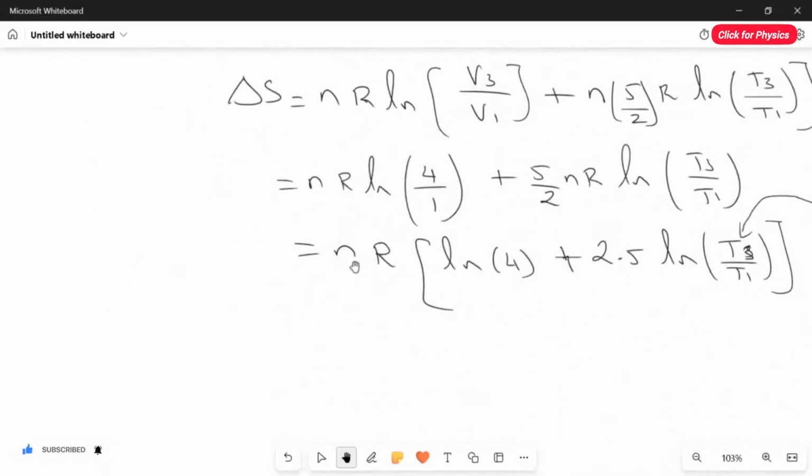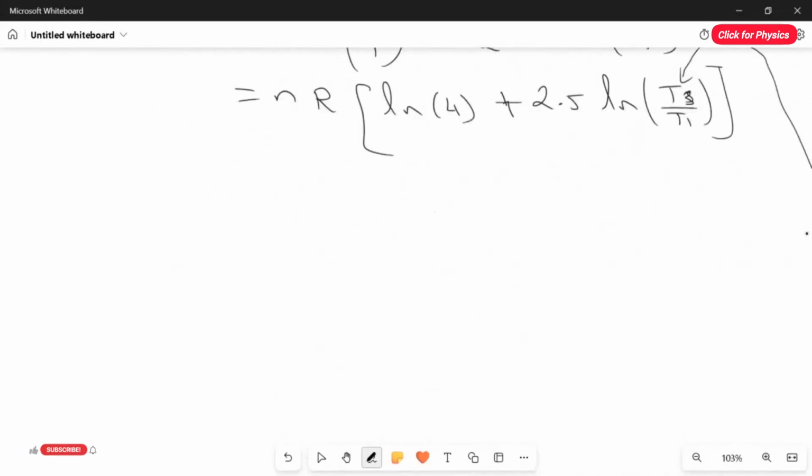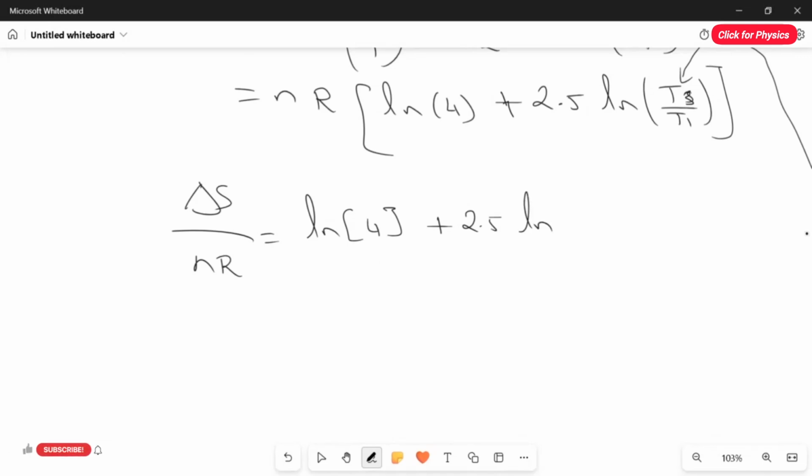So the left-hand side is delta S over nR, which is equal to natural log of 4 plus 2.5 natural log of, in place of T3, T1 times V1 over V3 to the power gamma minus 1, over T1.